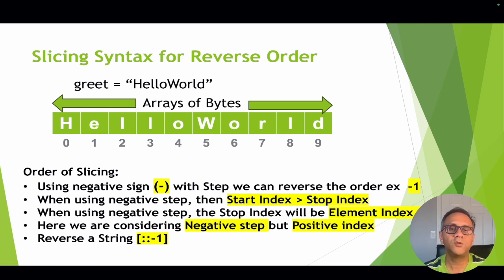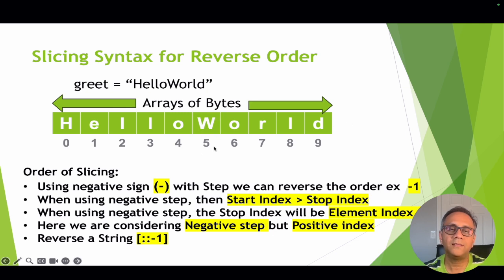So logically, if we want to get the word "world" in negative, reverse order, then our start parameter will be 9. And there is a little difference when going right to left compared to left to right for the stop parameter. The stop parameter will be the index of the last element, that is W here, because we are going right to left in reverse order.